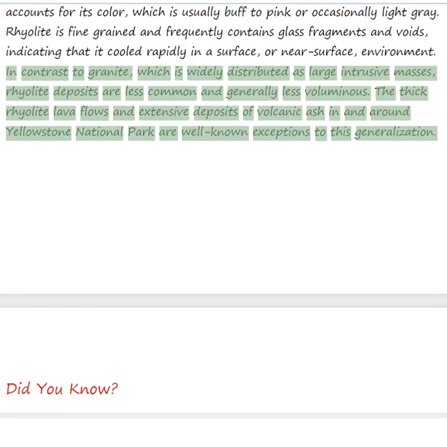In contrast to granite, which is widely distributed as large intrusive masses, rhyolite deposits are less common and generally less voluminous. The thick rhyolite lava flows and extensive deposits of volcanic ash in and around Yellowstone National Park are well-known exceptions to this generalization.